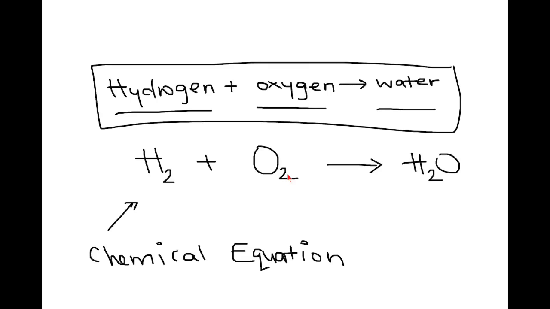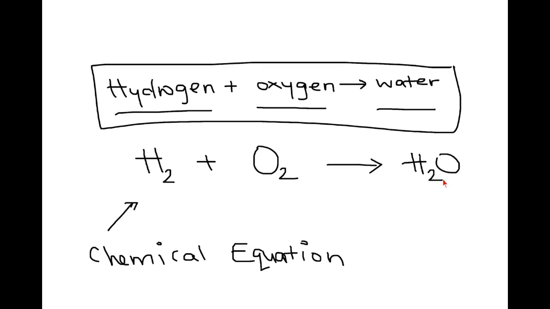But the oxygen seems to have been destroyed because there is only one oxygen here when we started with two oxygen. So it means that there is one oxygen missing. So it means that this equation needs balancing.